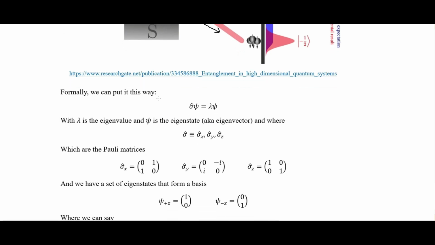So formally, we can put it this way. We have some spin operator acting on our wave function, and that gives us the eigenvalue times the wave function. So this lambda is the eigenvalue, and the psi is the eigenstate or eigenvector. This sigma right here is going to be one of these three sigmas, which are called the Pauli matrices.